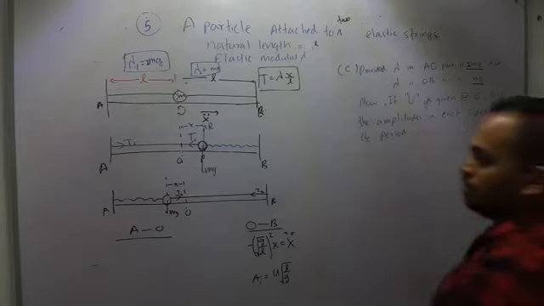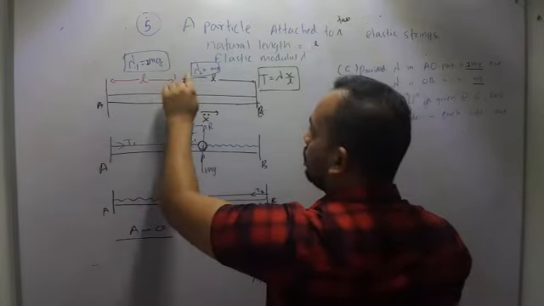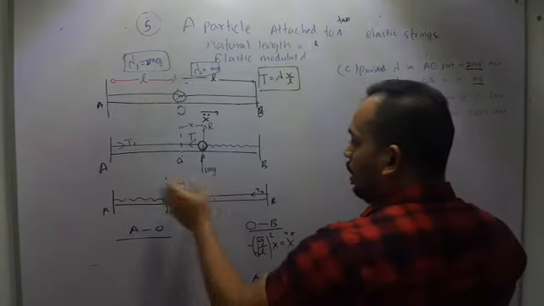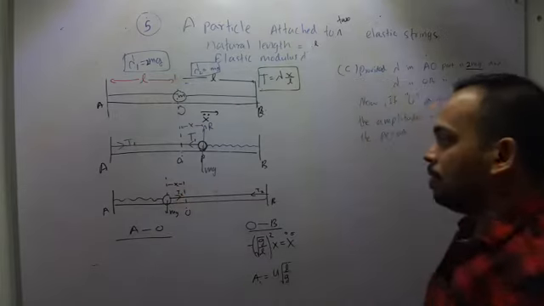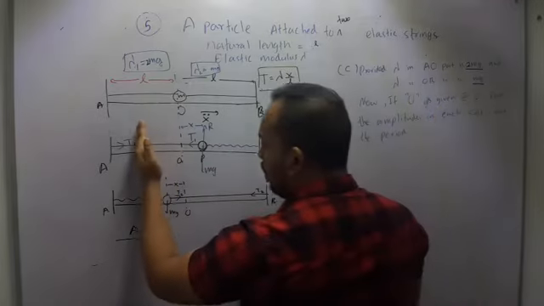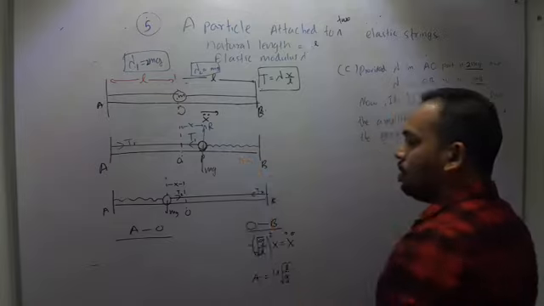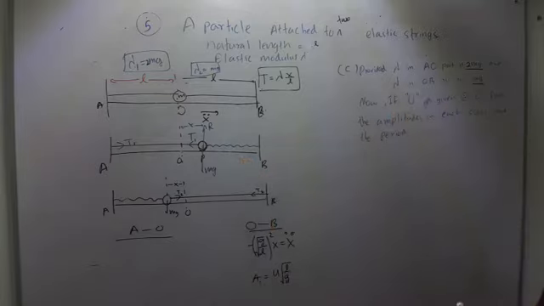Now what happens due to this difference in elastic modulus is that the amplitude in each case will be different. So the amplitude on this side is not the same as the amplitude on this side. This is actually two different types of simple harmonic motion with different omegas.